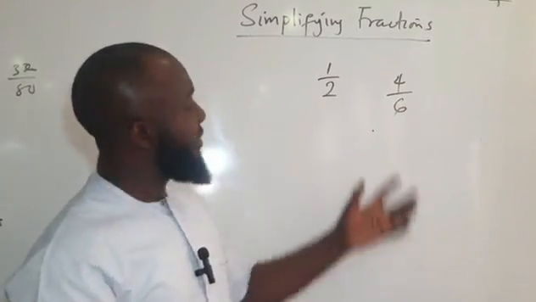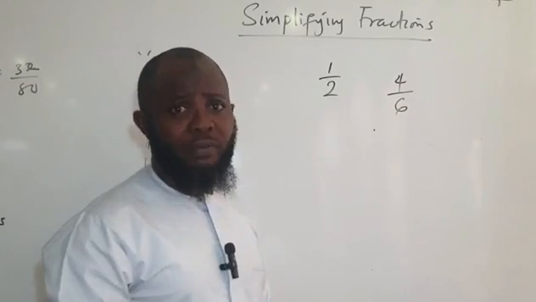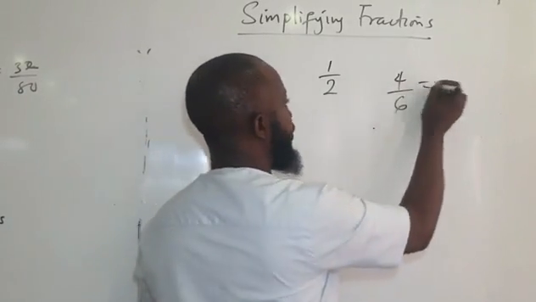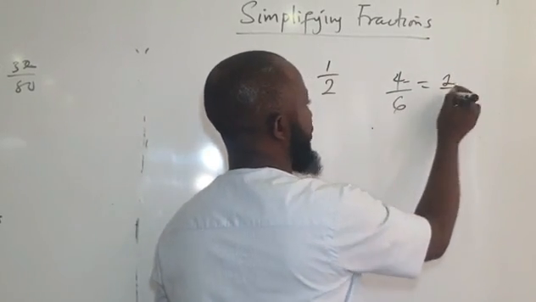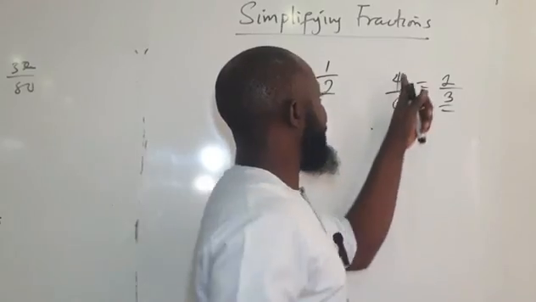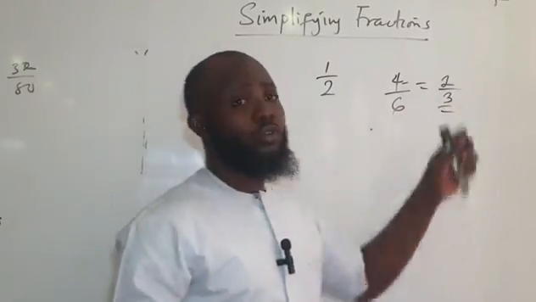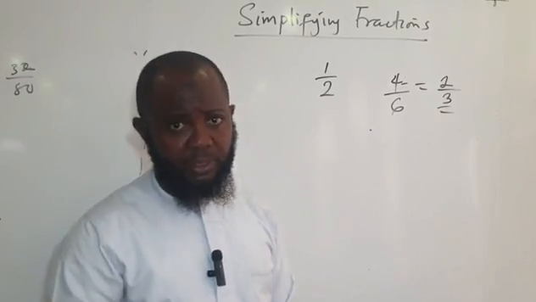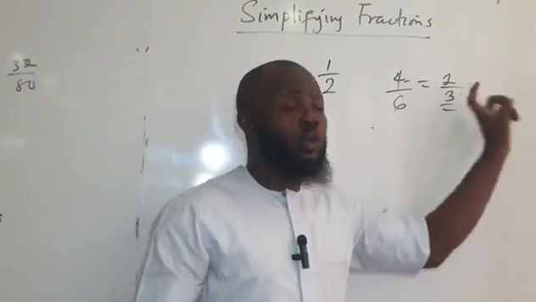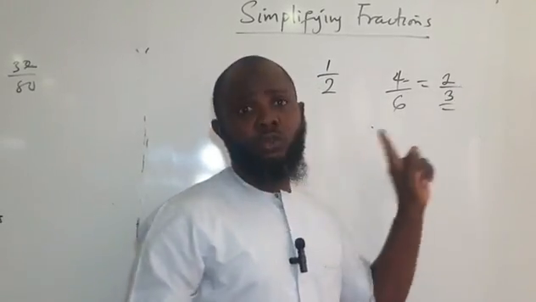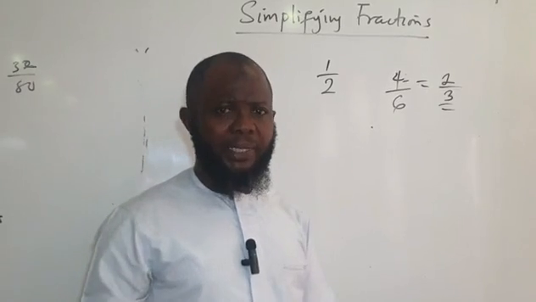There's a number that can divide 4 and also divide 6. That is, 4 divided by 2 will give us 2, and 6 divided by 2 will give us 3. So 4 over 6 is equal to 2 over 3. So we have reduced this fraction to its lowest form because we can't reduce this one further. I hope I'm making sense.